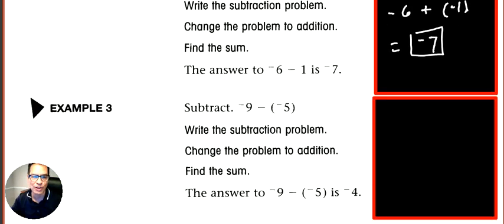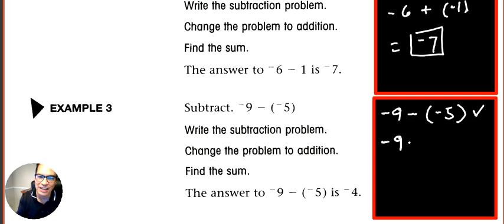Here's this third one. We have -9 minus -5, -9 minus parentheses -5, just to keep us straight. We rewrote the problem, changed the problem to addition: -9 plus, now the opposite of -5 is +5.